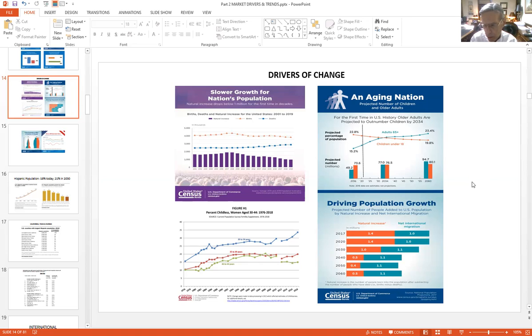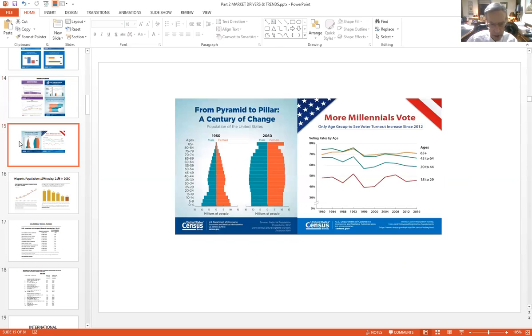So for market planning, that is a very significant trend. Okay, you've probably seen these population pyramids in the past, and in 1960, that's the way it looked.